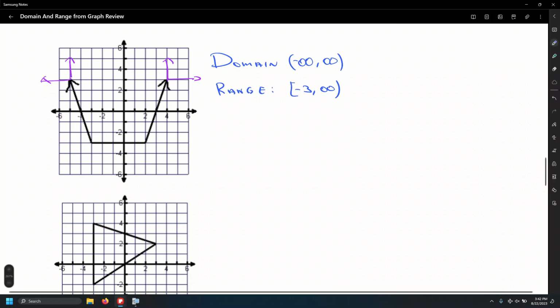Now let's write this using set builder notation, that is x such that x belongs to the set of all real numbers, and y such that y is greater than or equal to negative 3. All right? Function or not a function? Function. Okay?